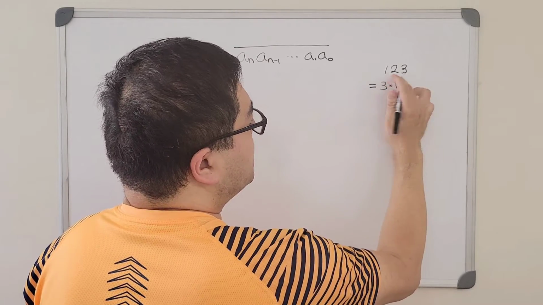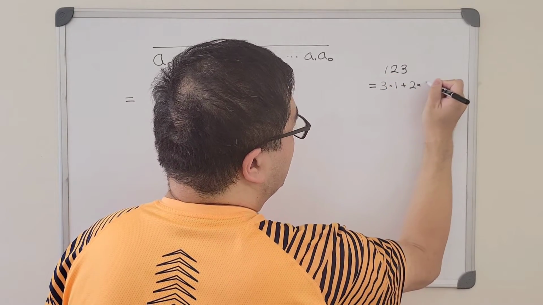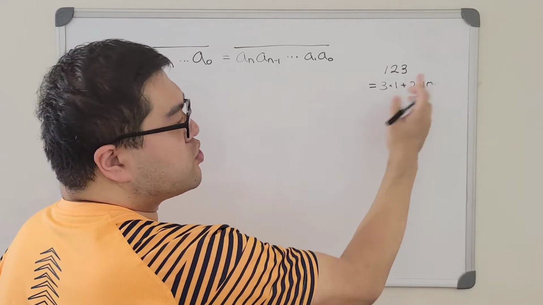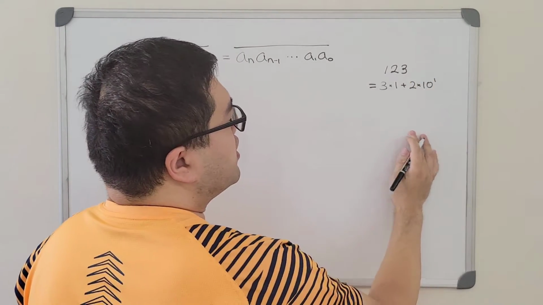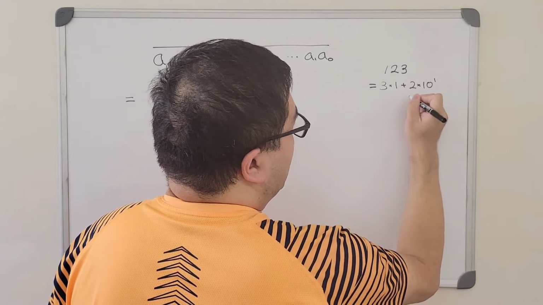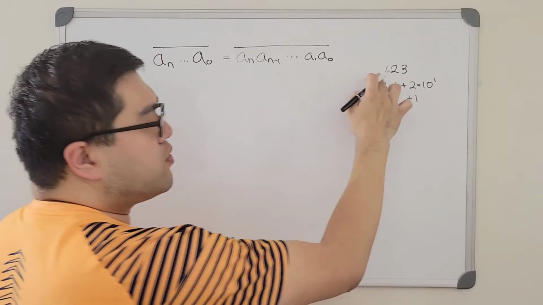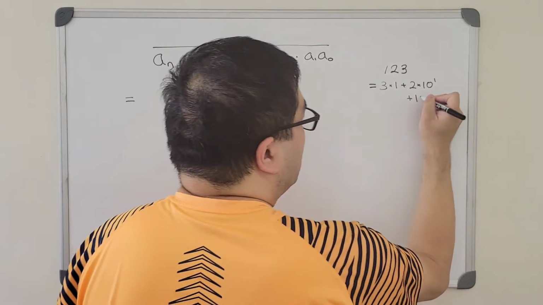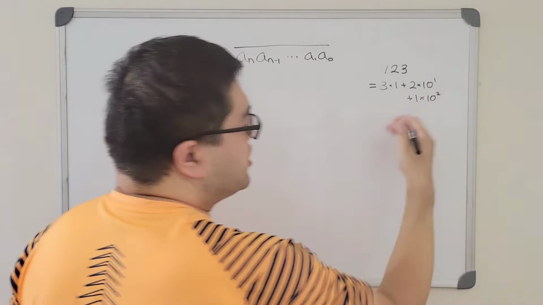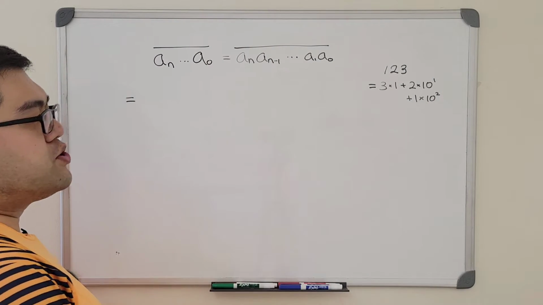Plus, we now have 2 here, which means we have 2 copies of 10 to the 1st power. And then we also need to add 1 here, which means 1 copy of 100, which is 10 to the 2nd power, so on and so forth.